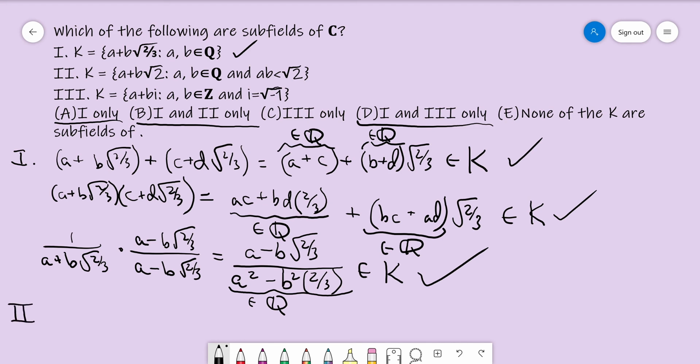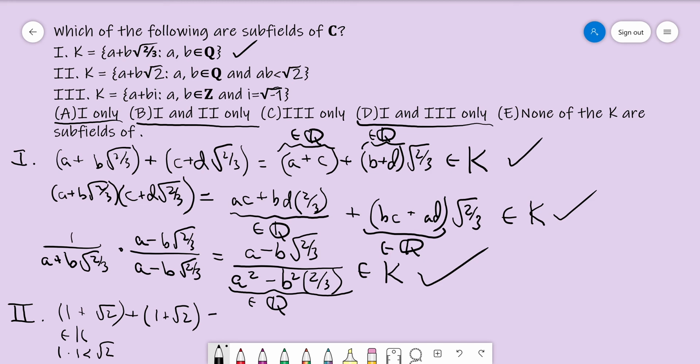Well, let's see. Number 2, it's all the numbers a plus b root 2, where a and b are rational, and the product of a and b is less than root 2. Well, if we just take a simple example like 1 plus root 2, and we add it to itself, well, 1 plus root 2 is going to be an element of K because 1 times 1 is less than root 2.